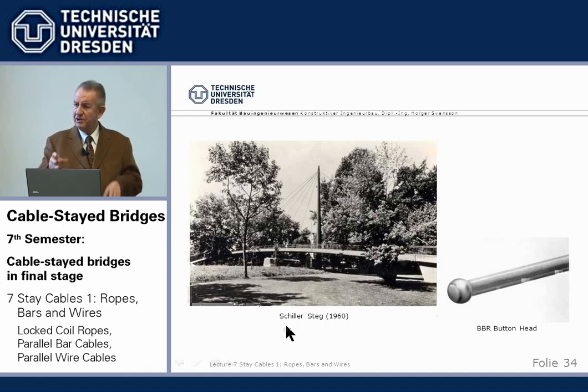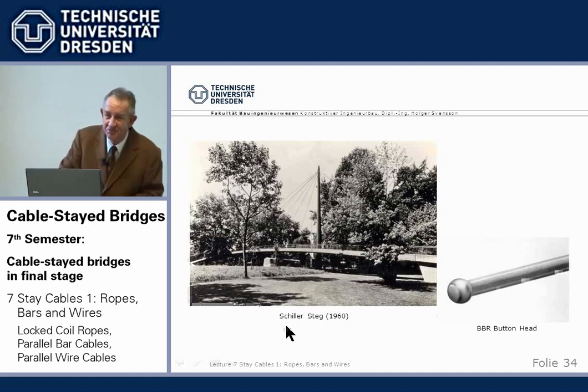Lock coil ropes were used as a suspension bridge for the main hangers, and he made fatigue tests and found out at that time they had extremely low fatigue strength. For a suspension bridge you don't need much, it was okay, but they were no good. And then since then he thought about how can we improve that.